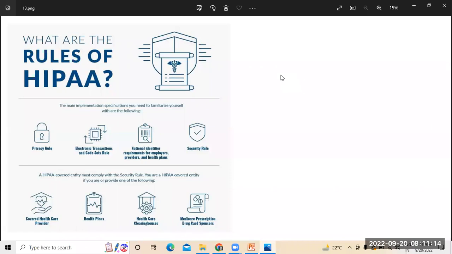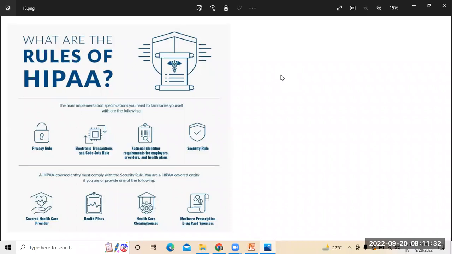These are the major rules which HIPAA follows, and a healthcare provider or an insurance organization has to follow the same.